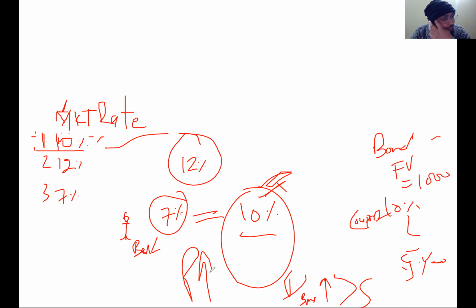And if you hold that bond, and somebody comes to you and says, I want to buy this $1,000 bond, so I'm going to give you $1,000 and you hand over the ownership of this bond to me, I would say no, because I know that the market rate is 7%, and this company is giving me 10%. So I'm going to sell you this bond at 1,200.